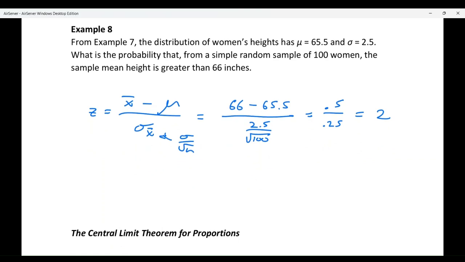So we've got the value. And if we go to the table, so again, kind of thinking about the picture here, right? We've got same idea. We've got the 65.5 and the 2.5. So this is 65.5. We want to know the probability that the average of these 100 women would be 66 or greater.